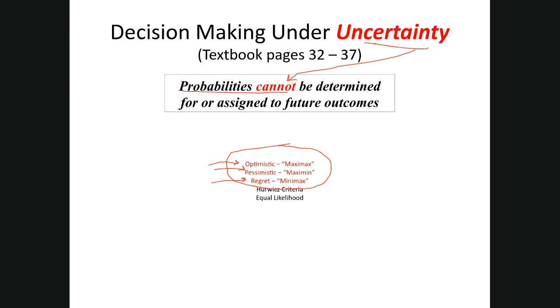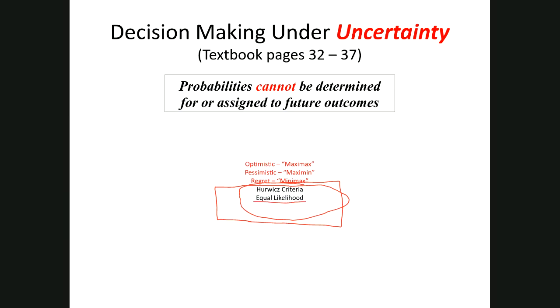Those are the 3 cases we're going to look at today. Then in the second part of the lesson, we'll look at making decisions based on the Hurwitz criteria, or the case of equal likelihood.